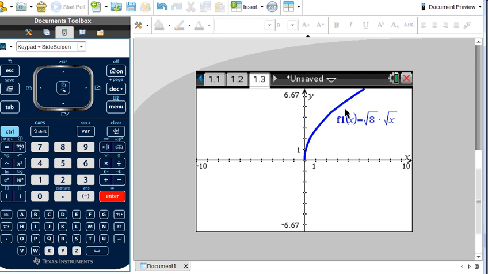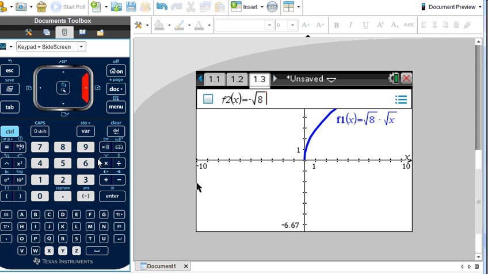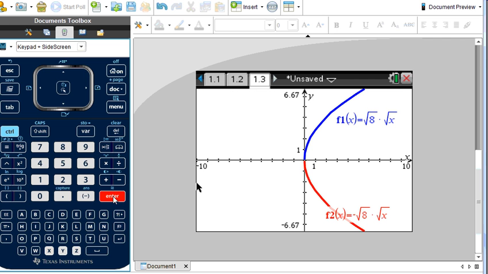Stretches quite a bit up. And then the negative version, negative square root of 8 times square root of x. There we have it. Two functions, the one in blue, the one in red. We can sketch the graph. There they are. Two implicitly defined functions.